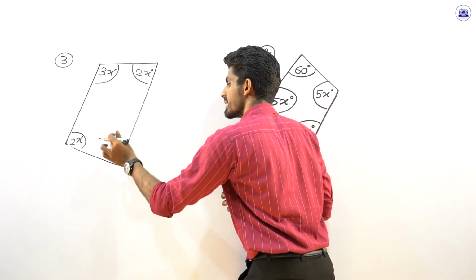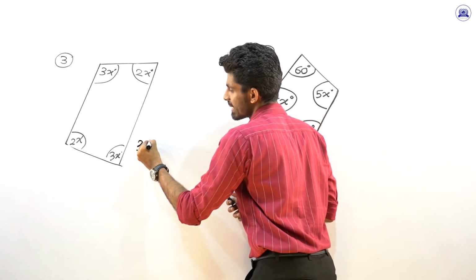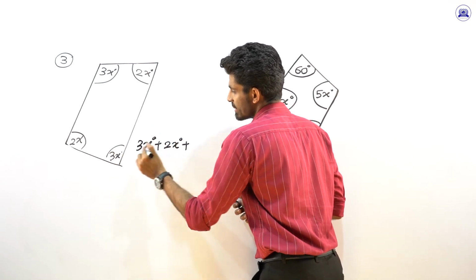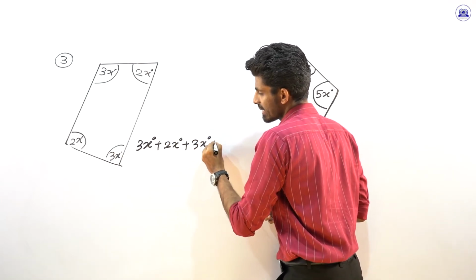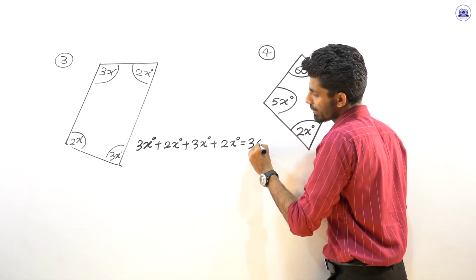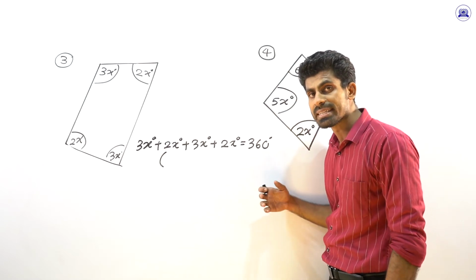So these are the 4 angles. 3x plus 2x plus 3x plus 2x equals 360. So what is the theorem? What is the reason?